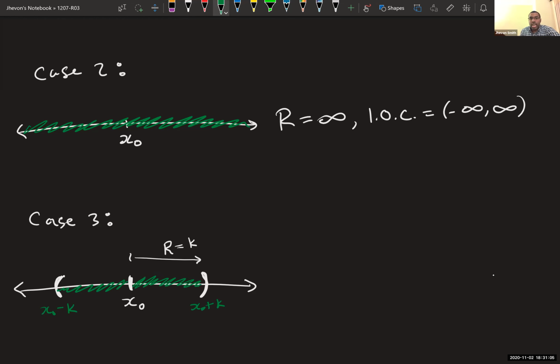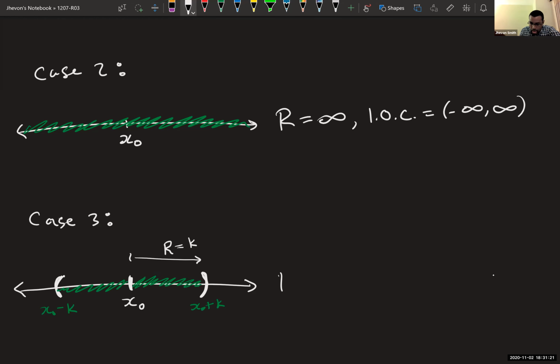And it will converge absolutely everywhere in that window. Now, at the endpoints, at the specific values x naught minus K and x naught plus K, it may or may not converge, but I know for sure absolute convergence will happen within this window.